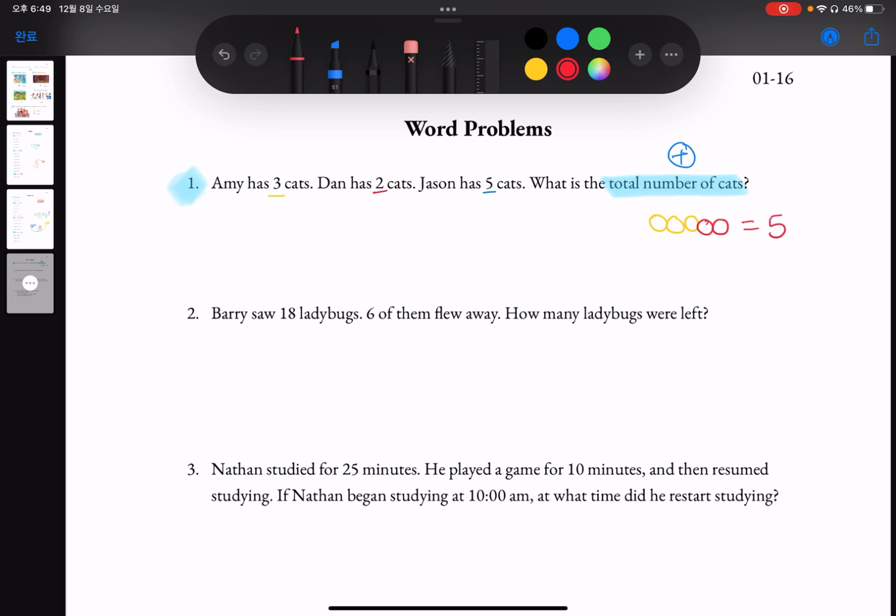And now from 5, you add 5 more. 1, 2, 3, 4, 5. When you count all of these together, we get 10. 1, 2, 3, 4, 5, 6, 7, 8, 9, 10. So we know that the total number of cats is 10. And that will be your answer.